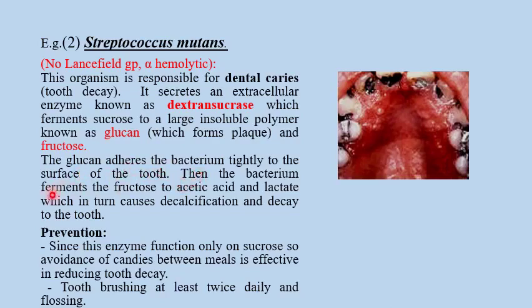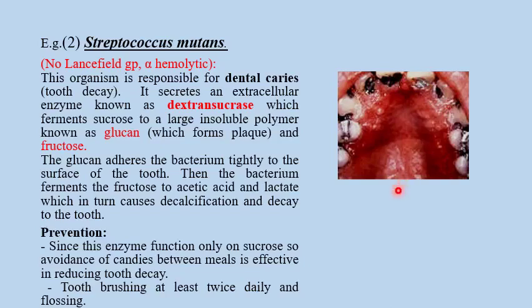Then the bacterium ferments the fructose, forming acetic acid and lactate, and this in turn causes decalcification, and the tooth enamel begins to lose its calcium and decay, leading to this dental caries, as you see in the picture. The black color is due to the decay of the tooth.